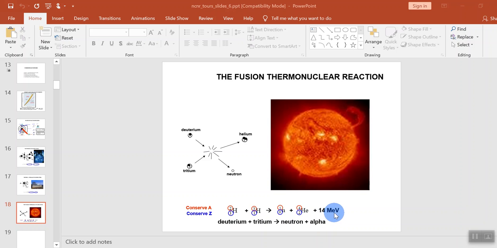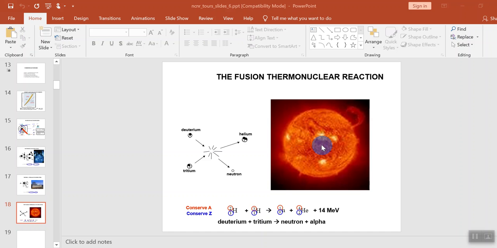Okay, lots of energy. This nuclear reaction occurs in the sun, and this helium-4 is called an alpha particle.